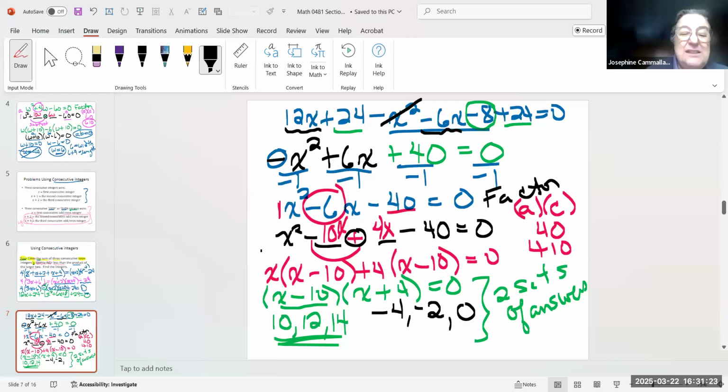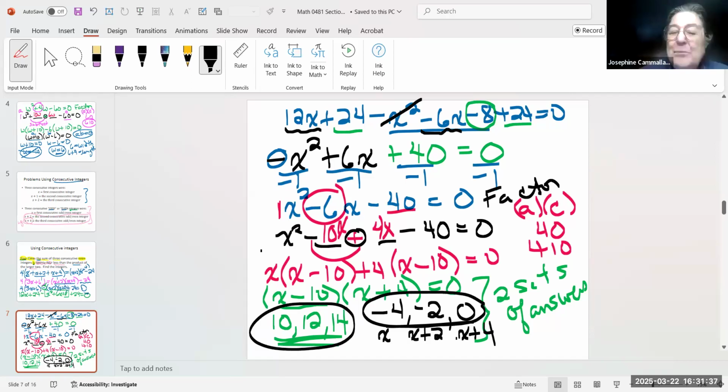This is plus 2. X plus 4 has two sets of answers because of integers. Integers are positive, which are these, and negative, which are these.